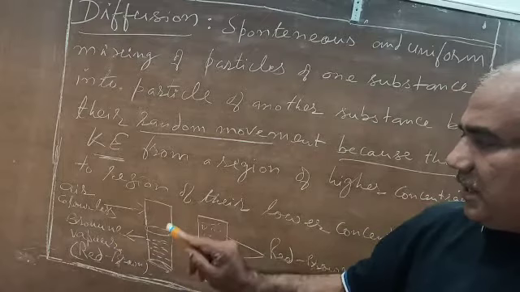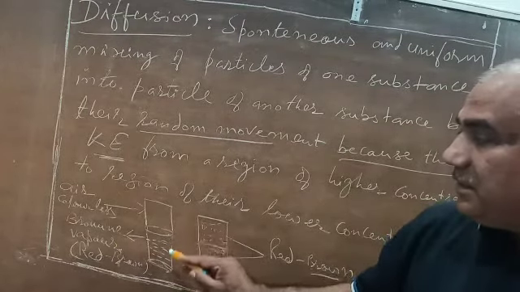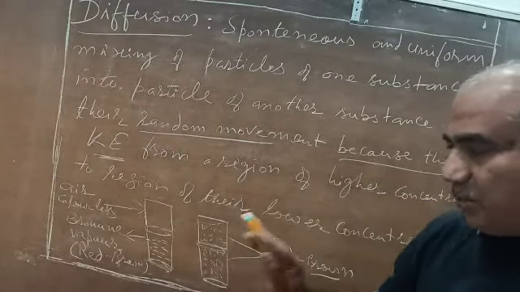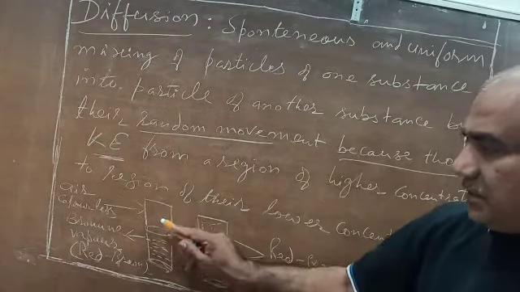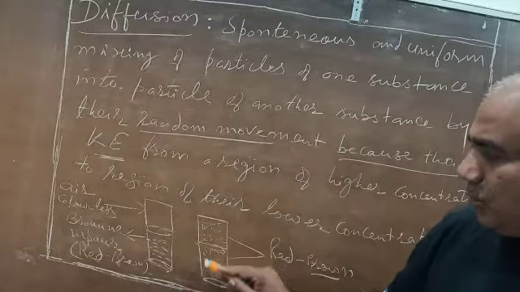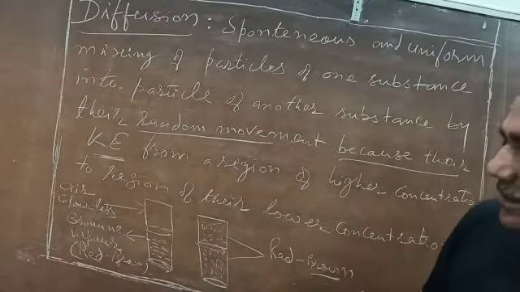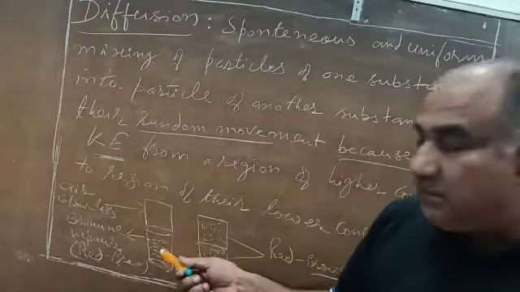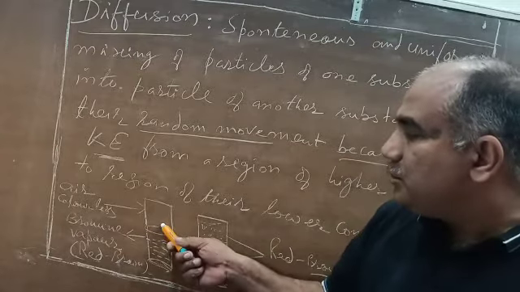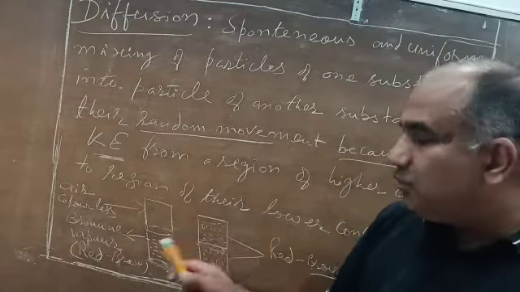In the top jar, see, my drawing is a little bad, just bear with me. This is one jar containing air, this is another jar containing bromine gas, and when one is kept over another, after some time we find that in both the jars the color becomes reddish brown, indicating that the particles of bromine which were taken in the lower jar after some time diffused into the part containing air.